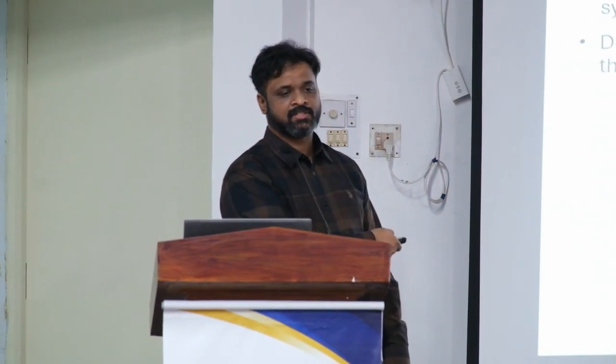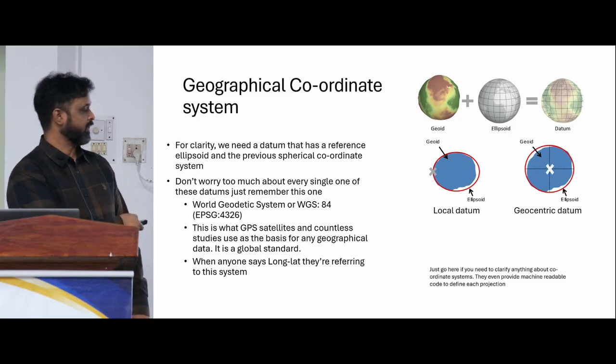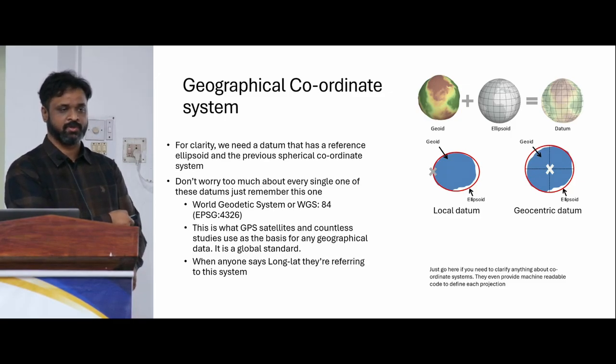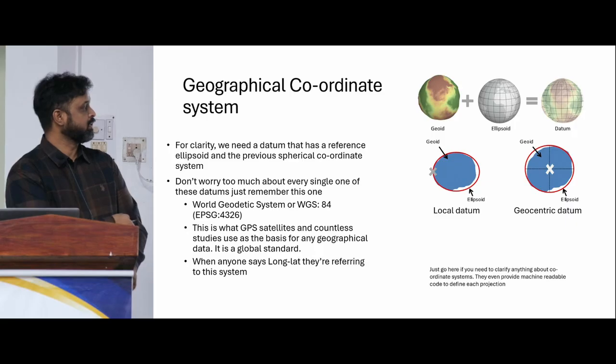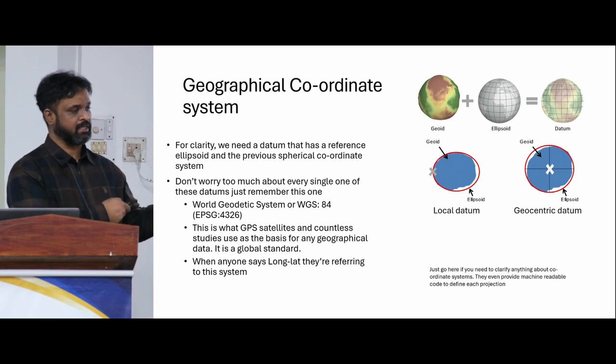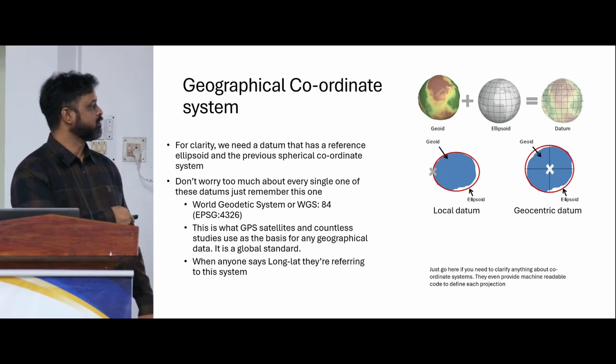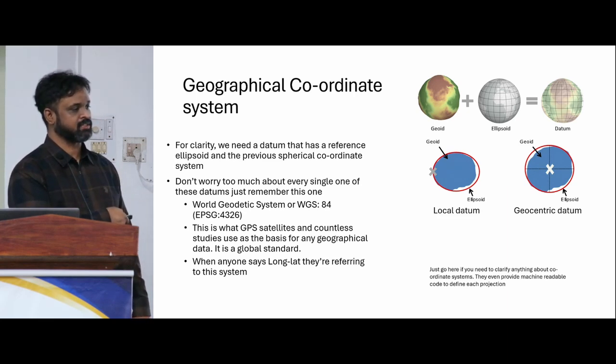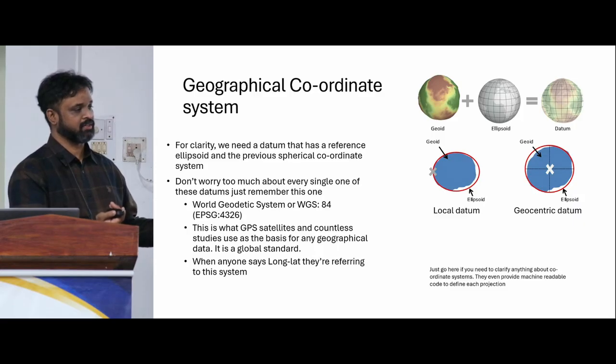NAD stands for North American datum. So you can guess who is using that. It's usually the US, Canada, Mexico, those people. They've aligned their datum very close to one side of the world, making sure that their side of the world is very well mapped, but there are huge errors on the other side. But they're not mapping that side, so it doesn't matter.